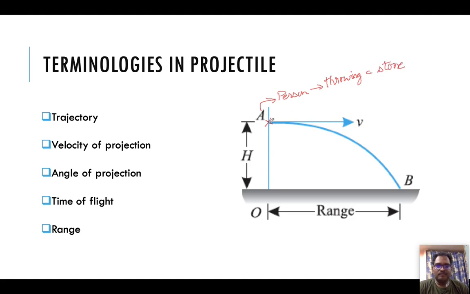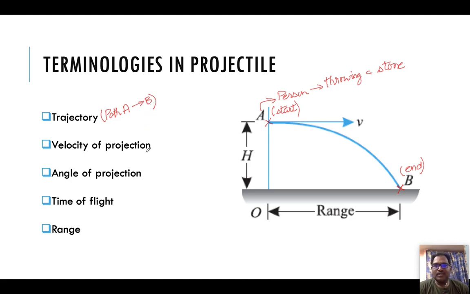So the stone takes this particular path and then it reaches this particular point B. So A is the starting point and B is the ending point. So your trajectory is basically the path which starts from A and travels to the end point B. The trajectory is the path taken by your object from its starting point till the ending point.